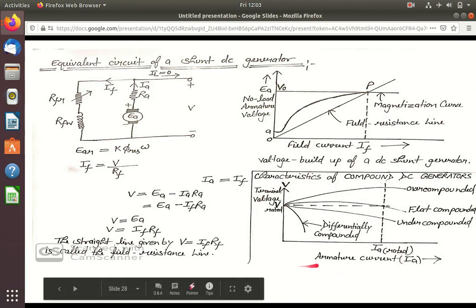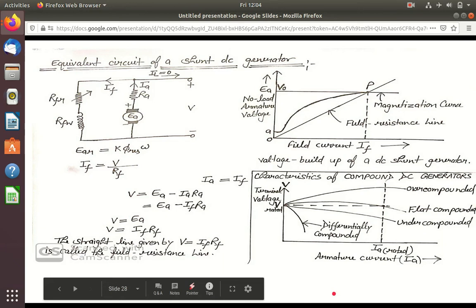Now you have a characteristic for DC compound generators. This curve shows the characteristics of DC compound generators. The characteristic is the voltage-current characteristic. You can see here on the vertical axis we have terminal voltage V, and on the horizontal axis we have armature current IA.